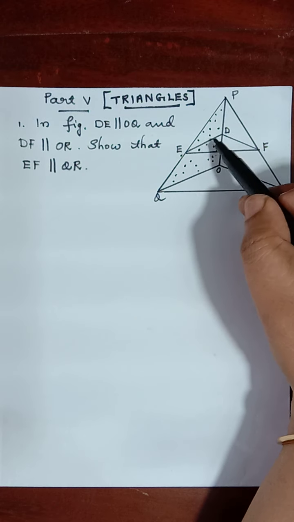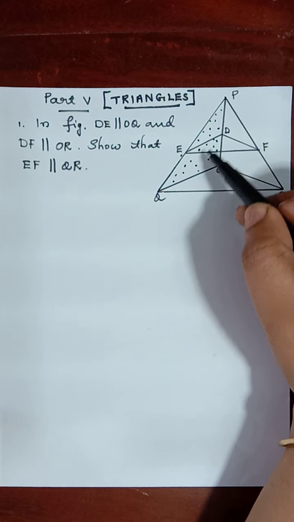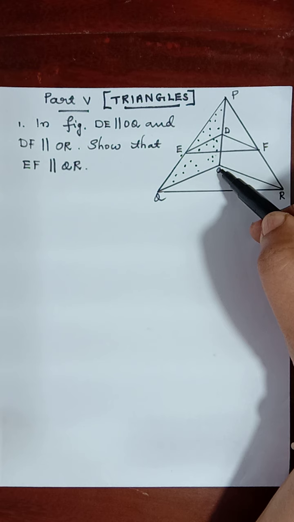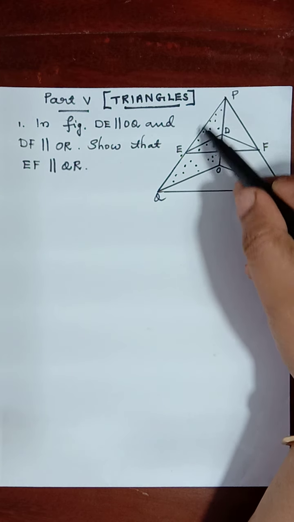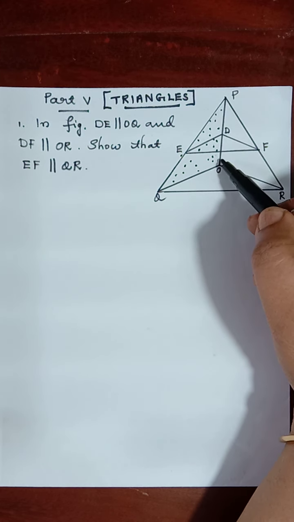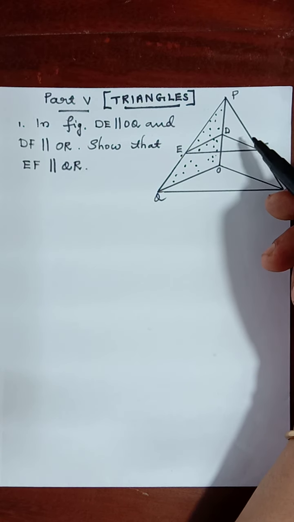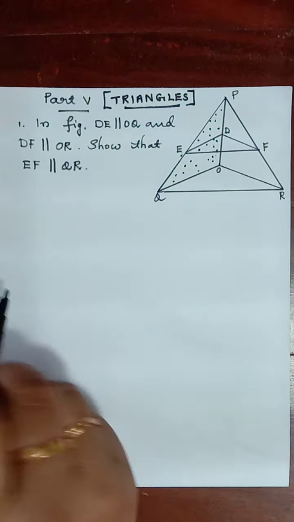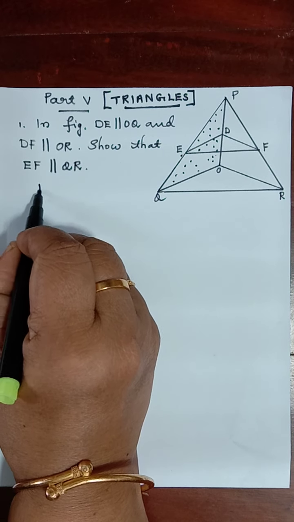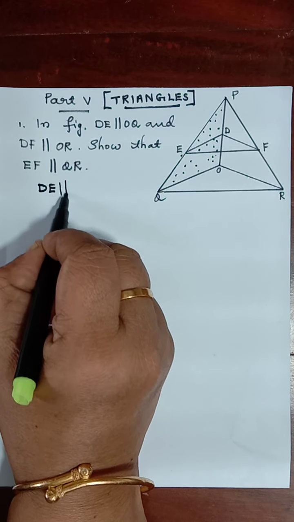If a line is parallel to the third side OQ, then the other two sides are divided in the same ratio. That is what we have learned in the basic proportionality theorem. So we write what is given: DE parallel to OQ.